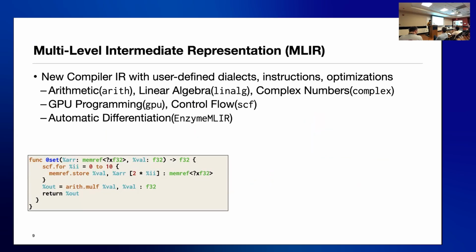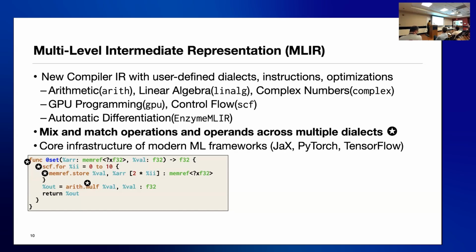You can also represent control flow using SCF. In our case, we represent automatic differentiation using the Enzyme MLIR dialect here. The core idea with MLIR is that you can mix and match operations across multiple dialects, or in the traditional sense, IRs. And this is kind of unprecedented if you think about it.